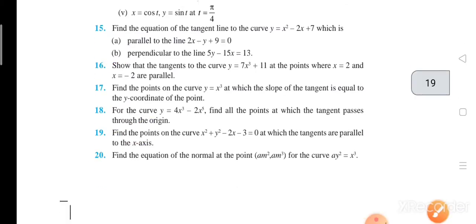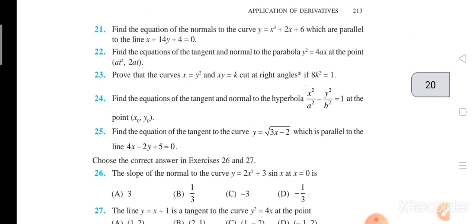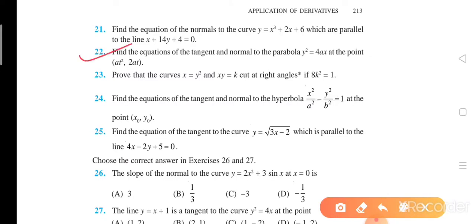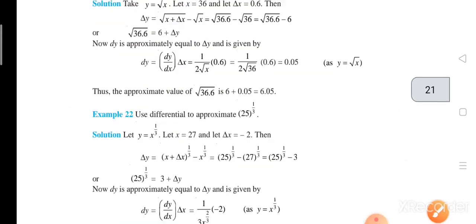These are important. Then we have on this page 22, 25, 26, 27. These are from tangent and normals.